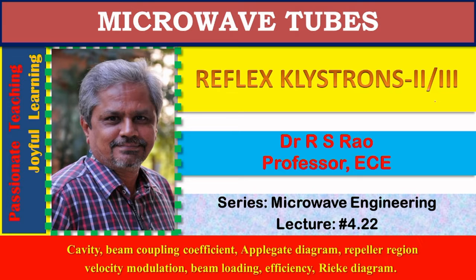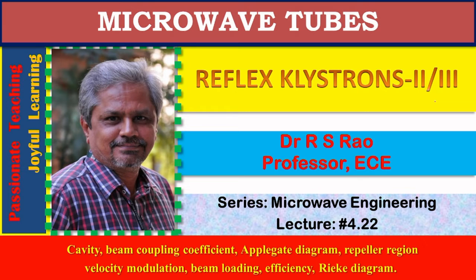What are the reasons for their lower output levels, their lower efficiency levels? Answers to these questions are available in the present session. Mode of operation of the reflex klystron is an important aspect, as it has a bearing over the output power of the device.